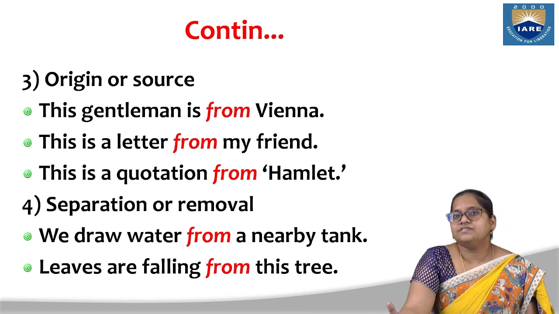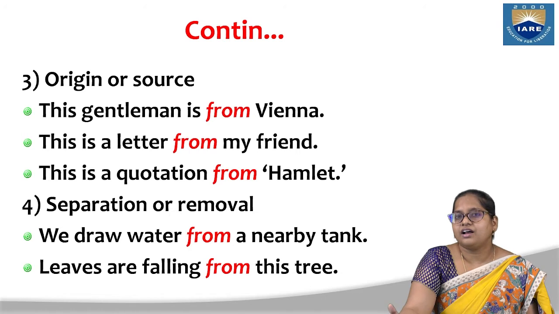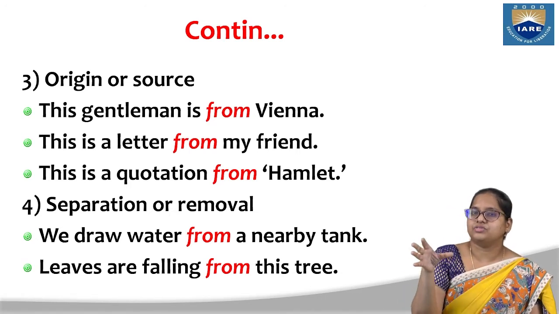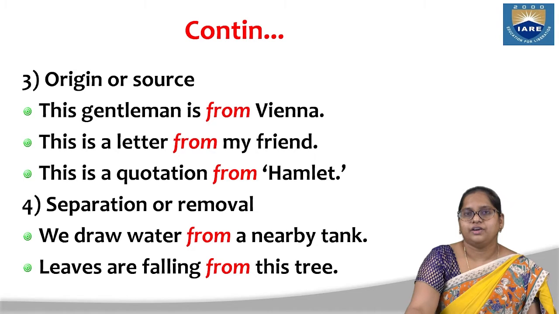Next, leaves are falling from this tree. Leaves are falling from a particular tree. That is a sense of removal from some place or something. In that context, you can use the preposition from.